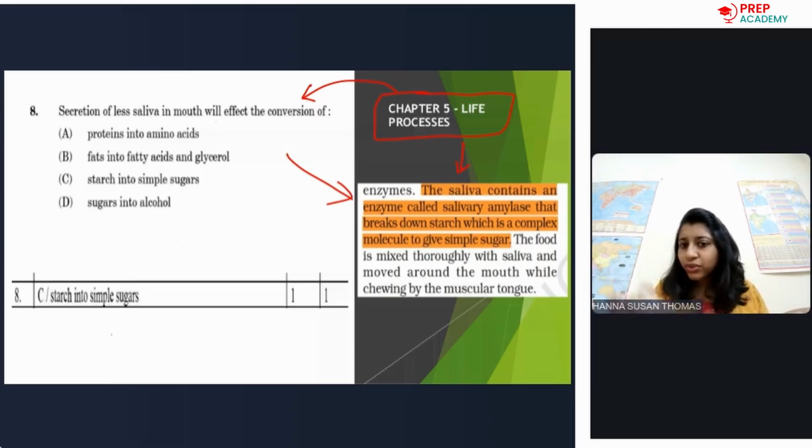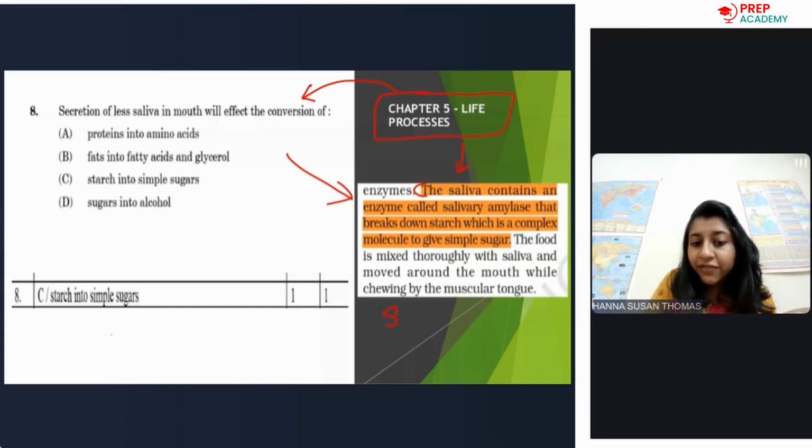Let's go through this highlighted statement given in your chapter, life processes. The saliva contains an enzyme called salivary amylase that breaks down starch, which is a complex molecule, to give simple sugar. So from this statement you understand that saliva has an enzyme called salivary amylase.